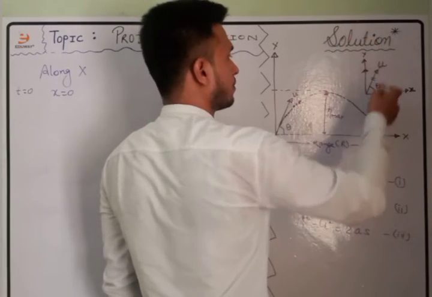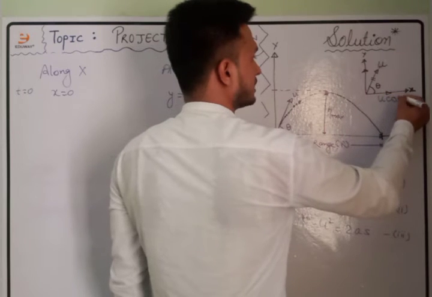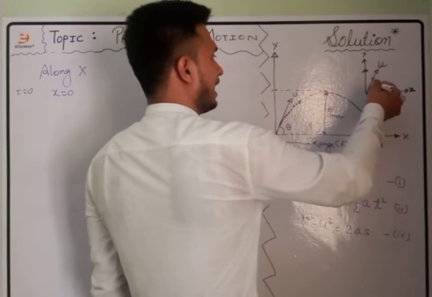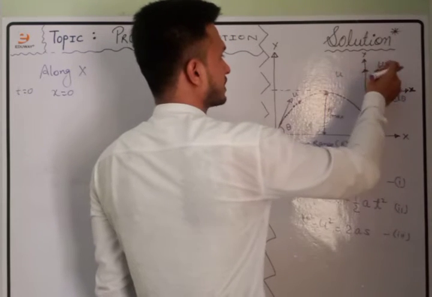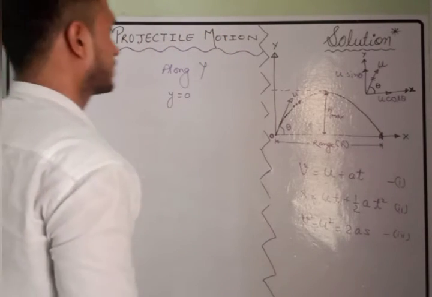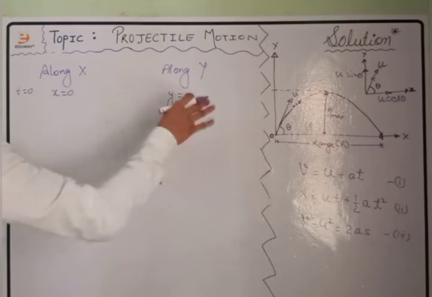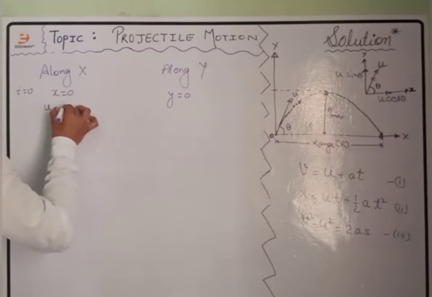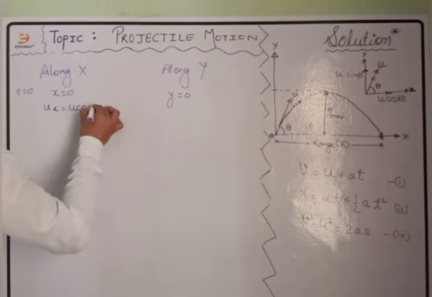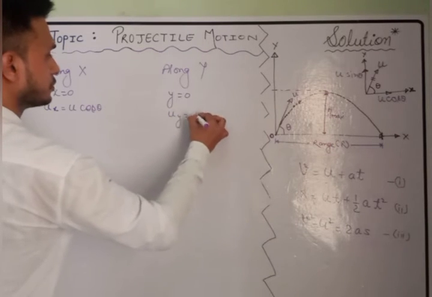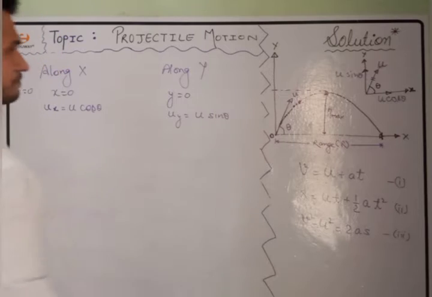One is u cos theta, the component along the horizontal, and the vertical component of velocity is u sin theta. So the initial velocity along x, ux, is u cos theta, and the initial velocity along y, uy, is u sin theta.